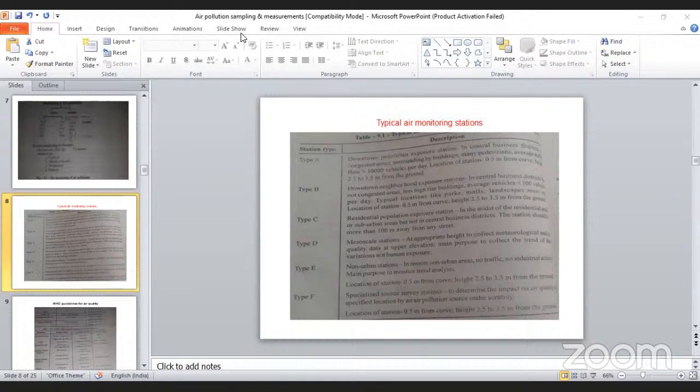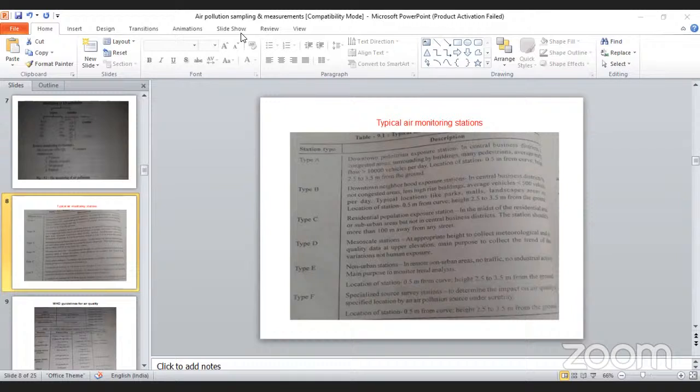The location then depends upon the windrose diagram, which gives the predominant wind direction and speed, because when the wind is not there, the pollutant will not be dispersed out. That is very, very important. One station must be upstream of the predominant wind direction, and the other 2 must be downstream of the predominant wind direction.